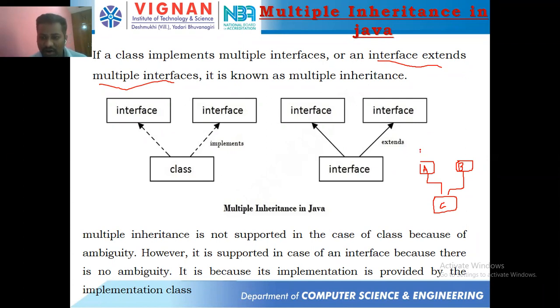Suppose I have a method called M1 in A as well as an M1 method in B.